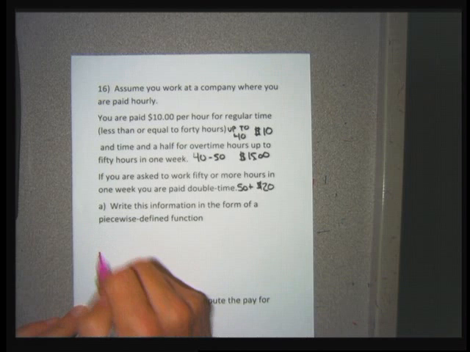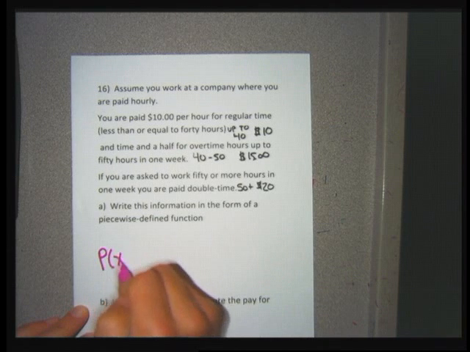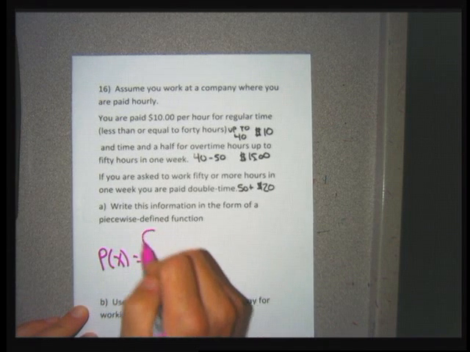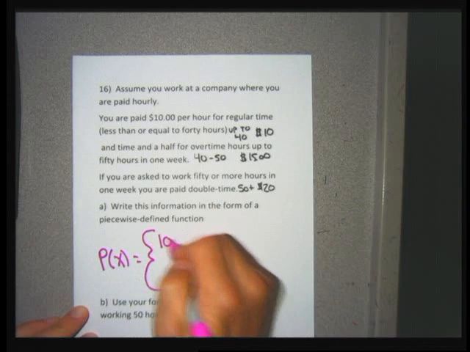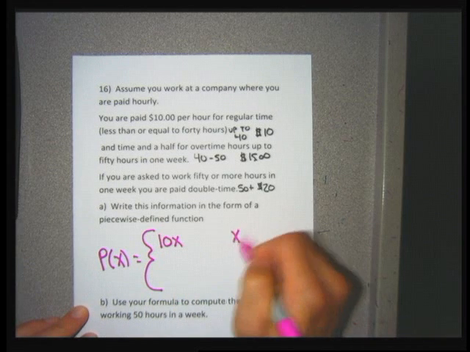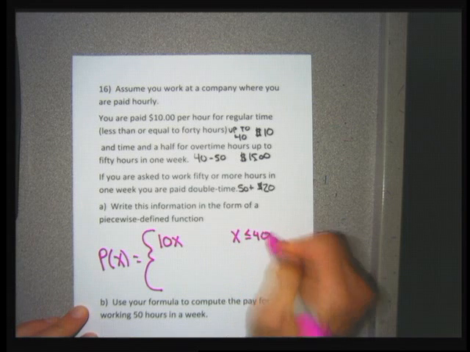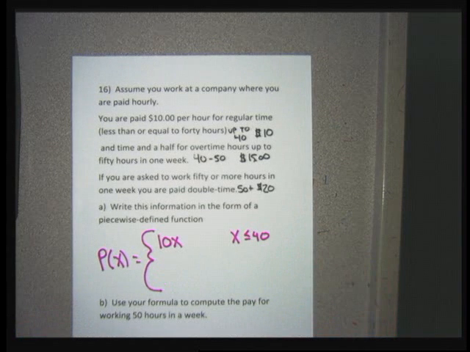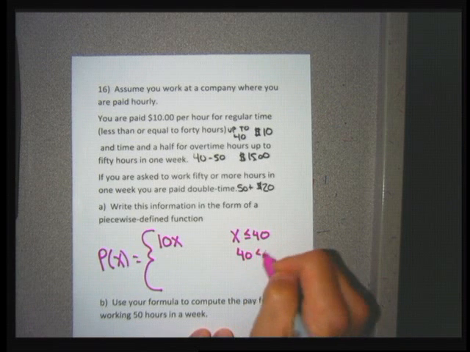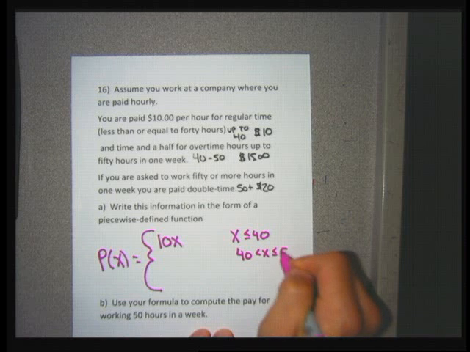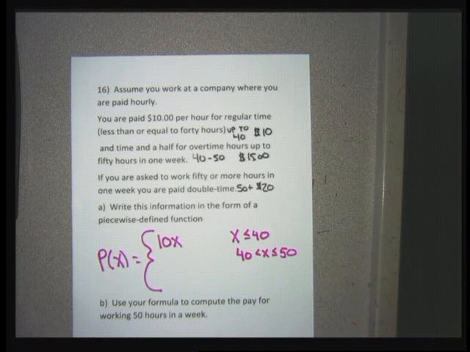I'm going to say P of x to stand for pay, and I'm going to make a 3-leveled piecewise function. The first piece is going to be 10x, and that's for working up to 40 hours. If I work more than 40 hours but not over 50 hours, I'm going to get my full 40 hours' worth of pay plus my overtime.